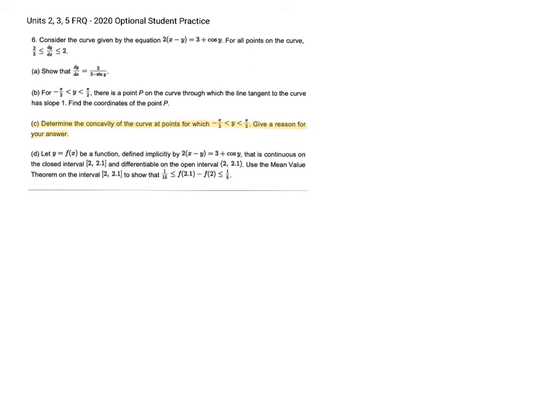And since we know the first derivative, we can just do the derivative again and then examine the second derivative. So the first derivative is 2 over 2 minus sine of y. Let's rewrite that as a power just so I don't have to mess with the quotient rule.